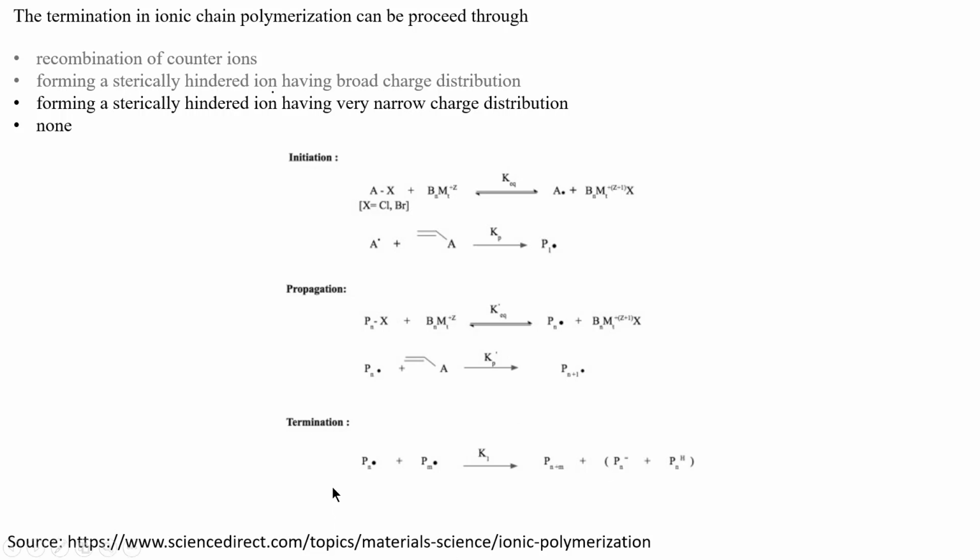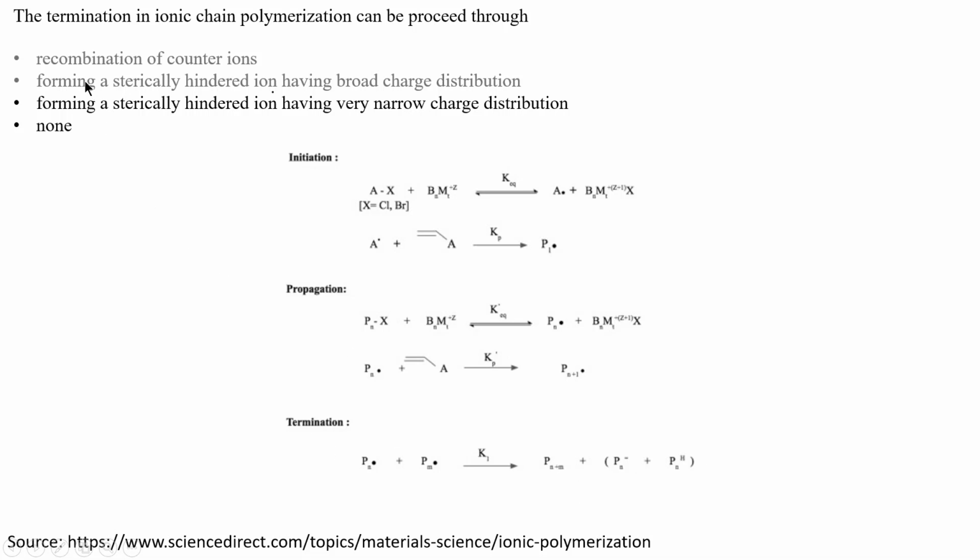You can see here the charged species Pn and Pn dot. When these two combine together, they form a sterically hindered ion having a broad charge distribution, as you can see in the termination step.